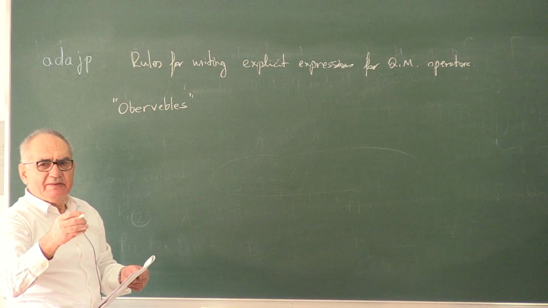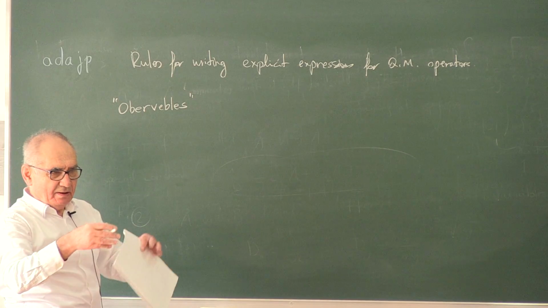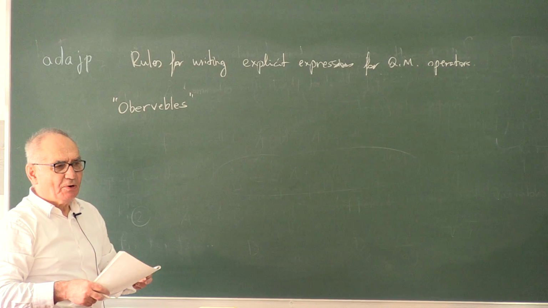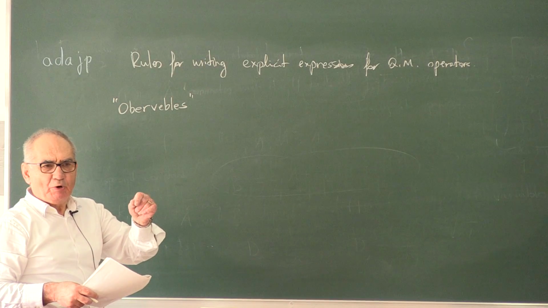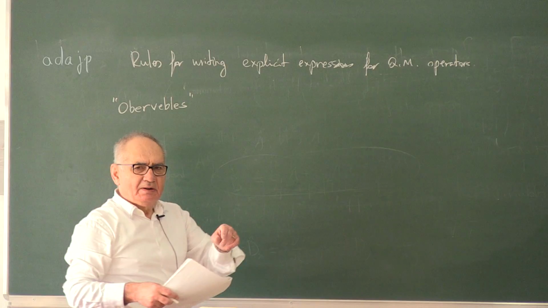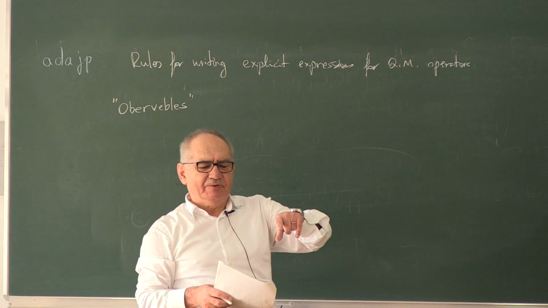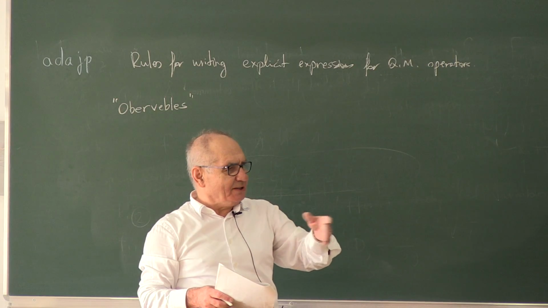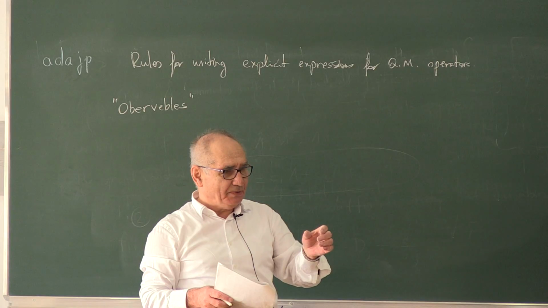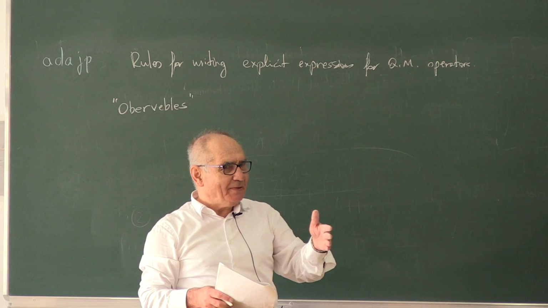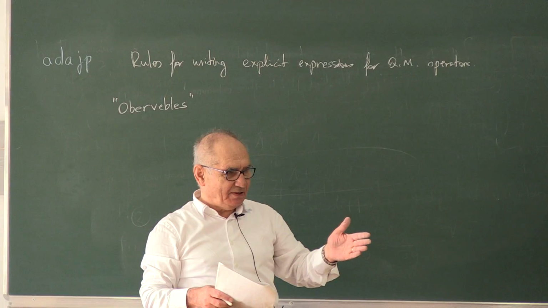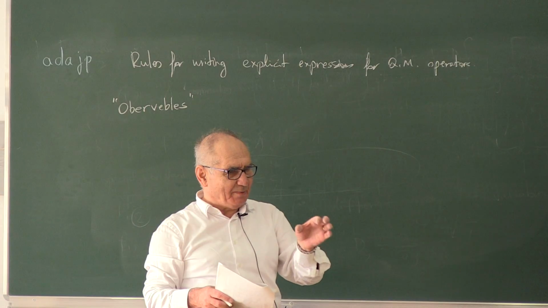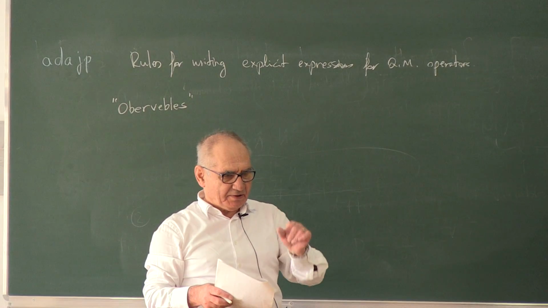Any property that can be experimentally observed about a system is called an observable. If we say it from the opposite sense, if something cannot be experimentally observed in the laboratory, then that thing does not exist. To call it observable, it must be experimentally detected.